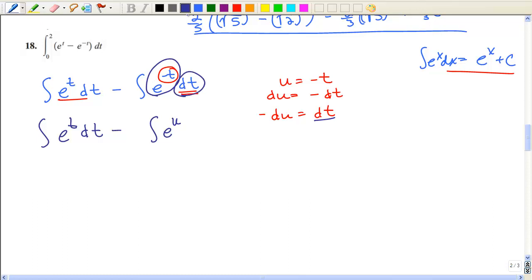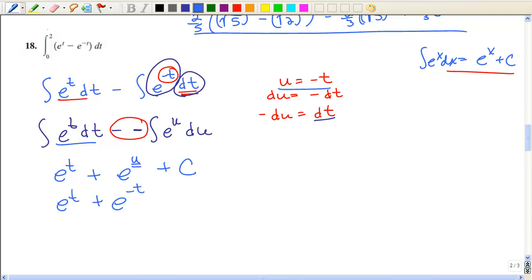So I've got a negative here du. So that's going to become plus. This just integrates as e to the t plus e to the u. But we've got to go back and substitute in what is u. And we don't need plus c anymore because these limits were in terms of t, so I can go between 0 and 2.